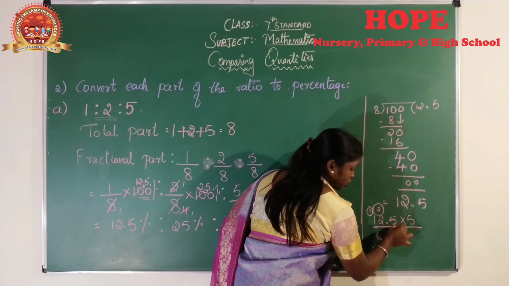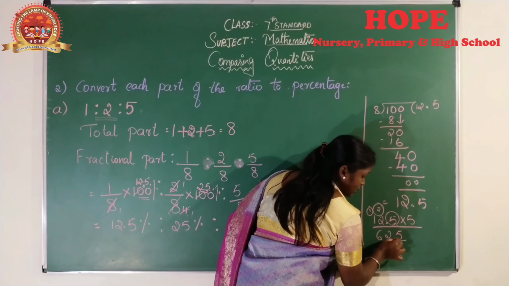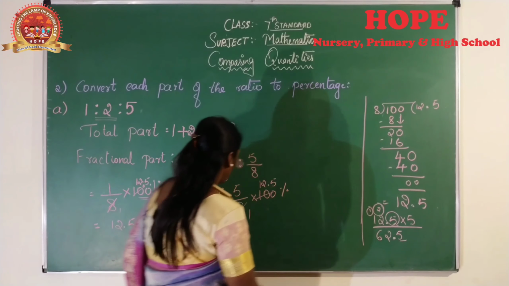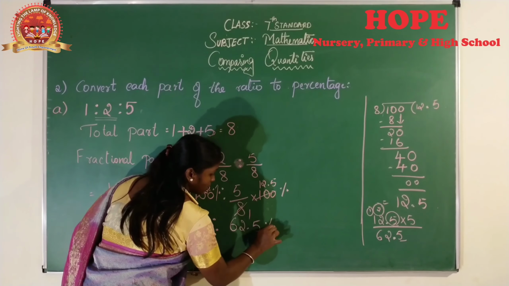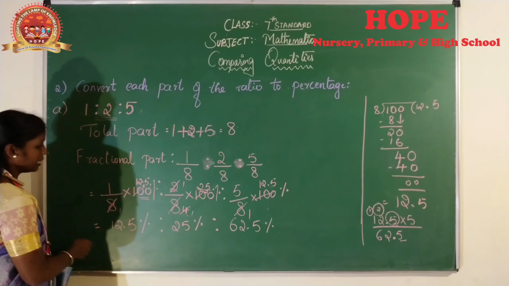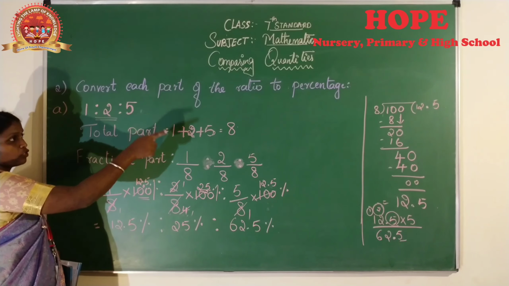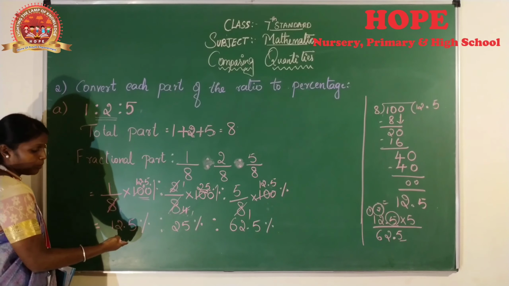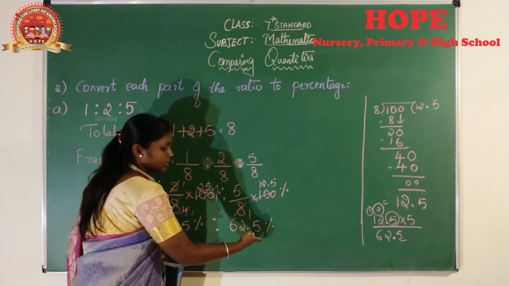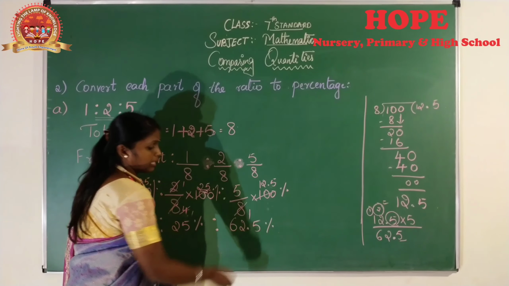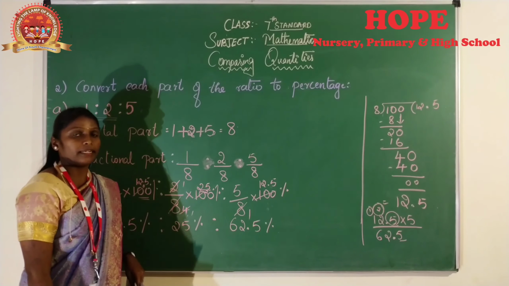After the decimal there is only one digit, so place the decimal point. So here you are going to get 62.5%. This is how we calculate the fractional parts, the ratios, to the percentage: 12.5% is to 25% is to 62.5%.